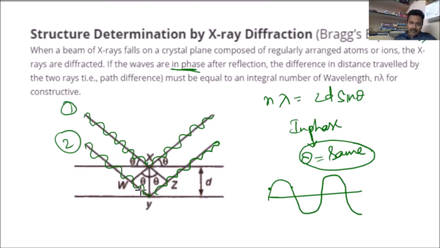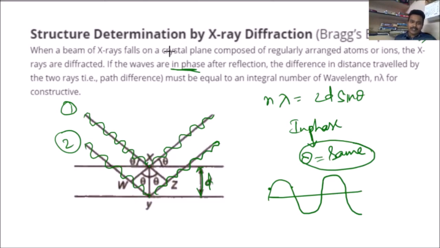Two planes are there, and we are going to find this planar distance d. The first X-ray falls like this and diffracts like this, and the second wave falls like this and diffracts in this manner. This is the incident angle θ, and the same thing will be here also.